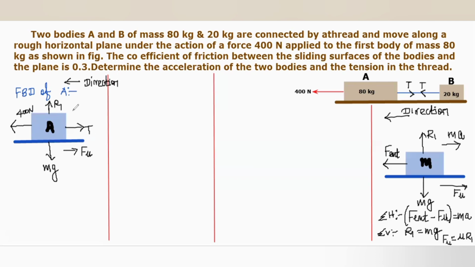Then, as per D'Alembert's principle, the summation of the external forces equals the inertia force, which is also opposite to the direction of motion. Here, the direction of motion is towards the left side, so the inertia force, MA, will also act towards the right side.